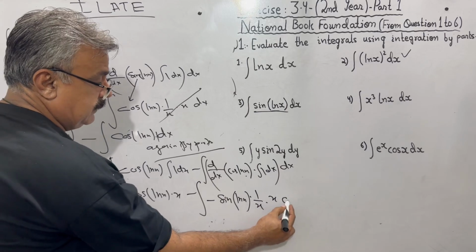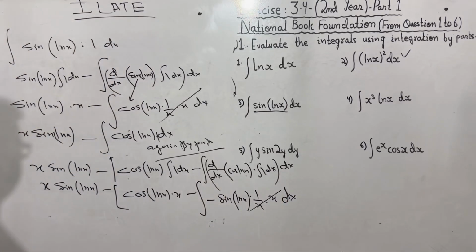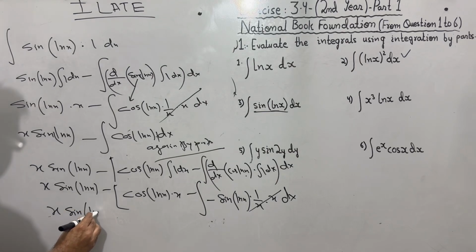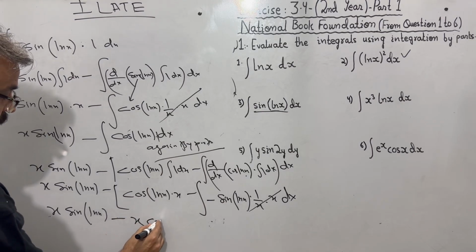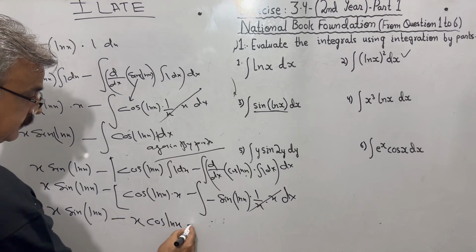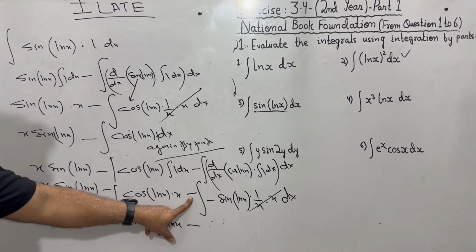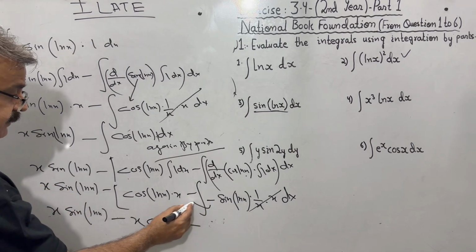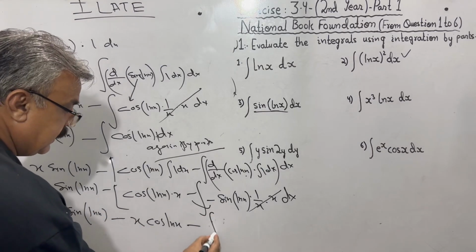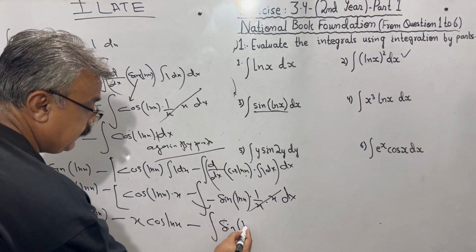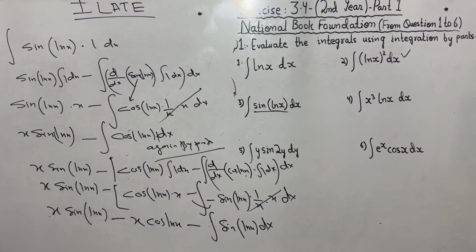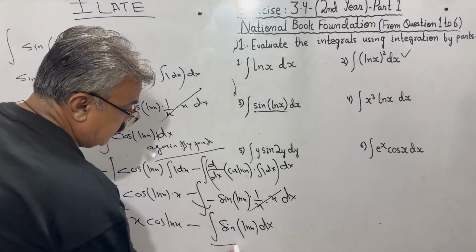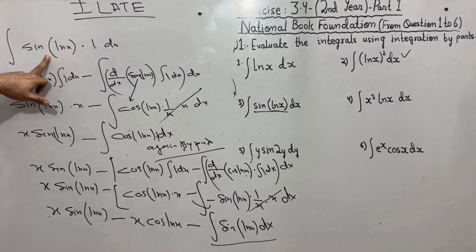Integration of 1 is also x, dx. Again cancelled out. So x sine ln x minus x cos ln x, and look at this: minus, plus, and there's a minus, again negative, sine ln x dx.